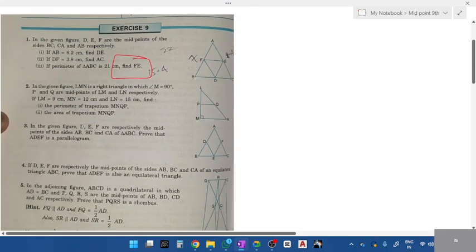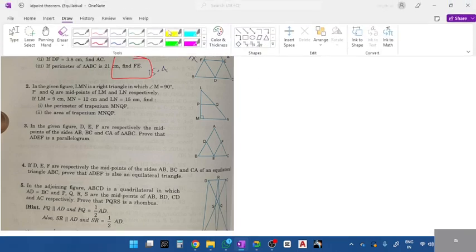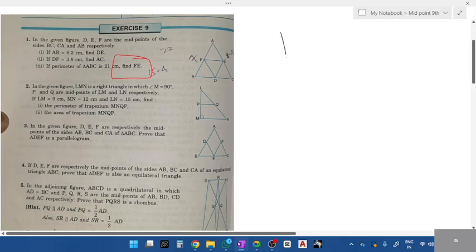Second question. What do you mean by right angle, students? What is a right angle? Any one angle is 90. Here, which angle is 90 degrees? Angle M is 90. Yes, M is 90 degrees.